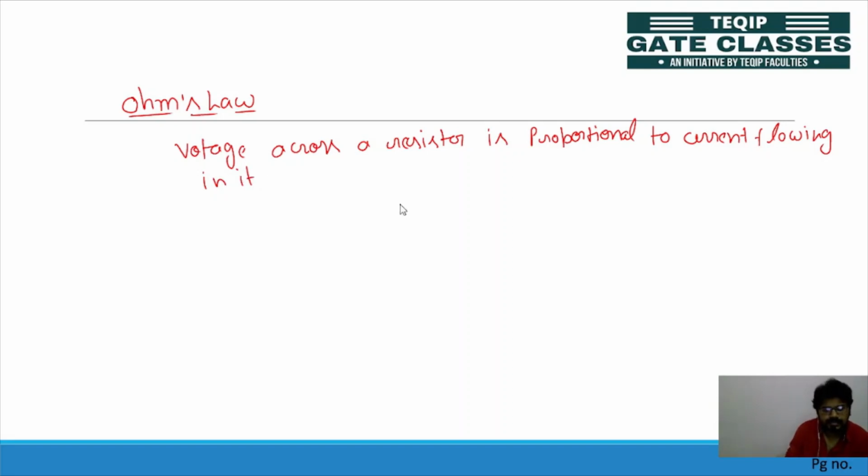This means V is proportional to I, and Ohm gave the constant of proportionality, that is V equals IR. This R is the resistance.